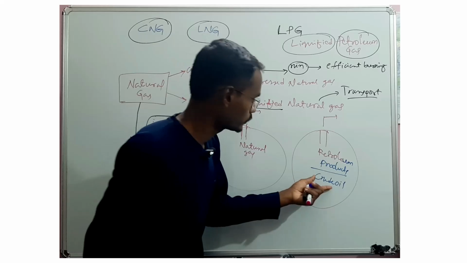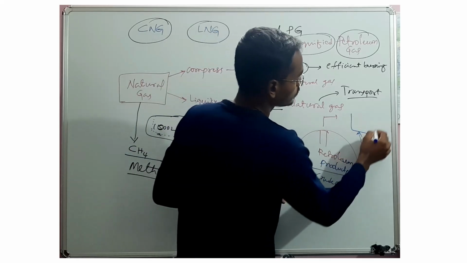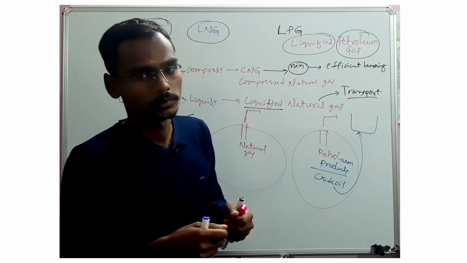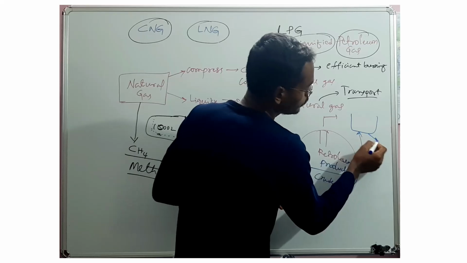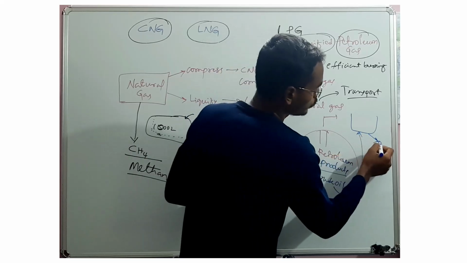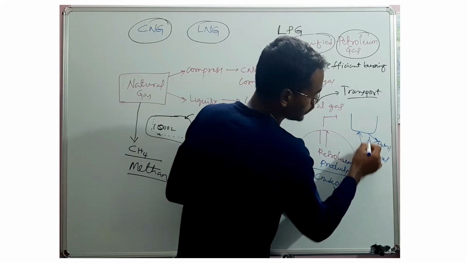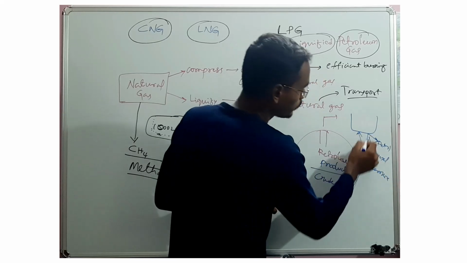When we take up this crude oil, we distill it, which means we purify these petroleum products. From this crude oil, many byproducts come. What are those? Petrol, diesel, kerosene, and many other products, and some gas also.